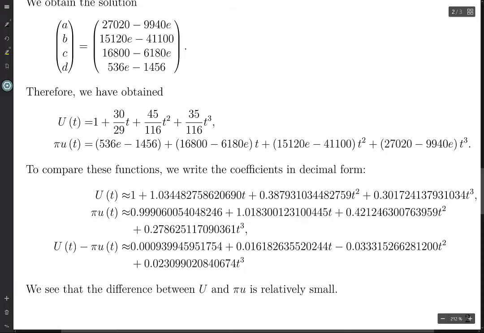You would have to compare it for different Q values and then look at the norm of this difference, with respect to some norm that you've placed on this polynomial vector space, and see what happens to the error.